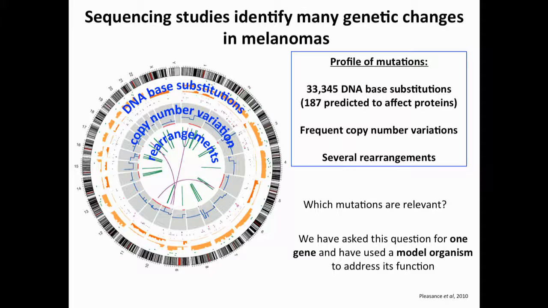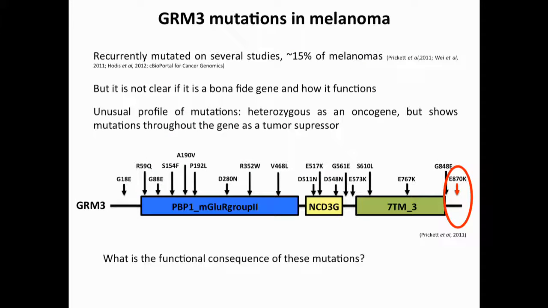The gene is GRM3, which is recurrently mutated in several studies, around 15% of all the melanomas that were tested. But it remains unclear if it's a bona fide gene and how it functions. And why is that? Because it has an unusual profile of mutation. It appears heterozygous like an oncogene, but it shows several mutations throughout the gene like a tumor suppressor.